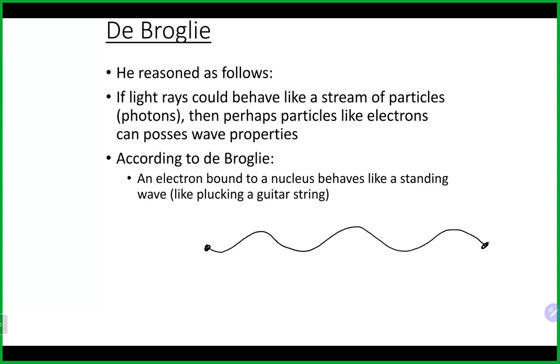Your guitar string is not going to fly away, but it will have this wave-like function. That is the idea he had of how electrons in the atom are tied to the nucleus. It also explains why they don't just fly away: there's something holding them within the atom, that attractive force.